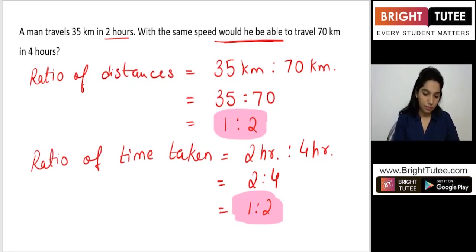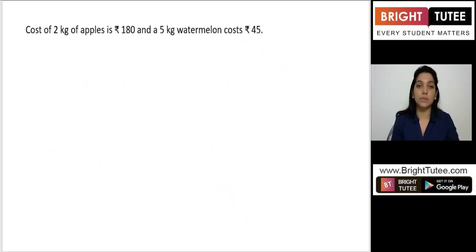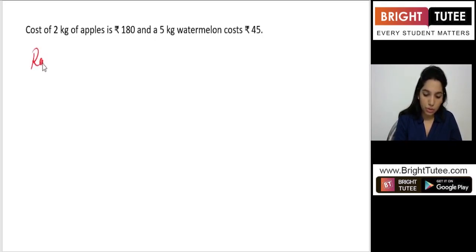Okay. Now, let us see this one. The cost of 2 kg apples is 180 rupees and 5 kg watermelon costs 45 rupees. Let us find which out of these two is more expensive. So we are finding the ratio of their cost.